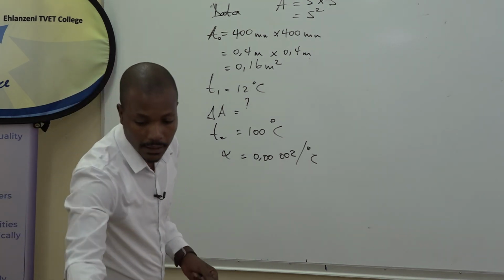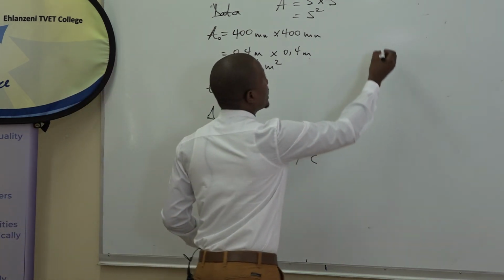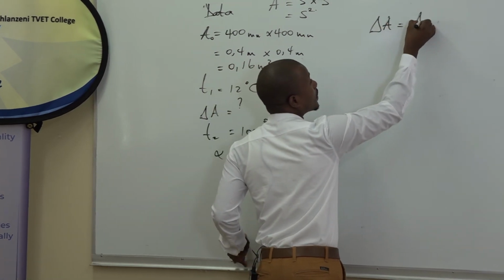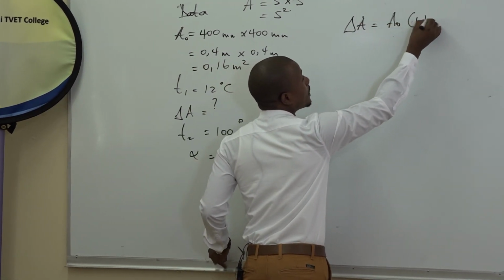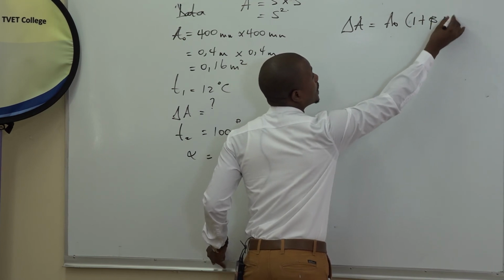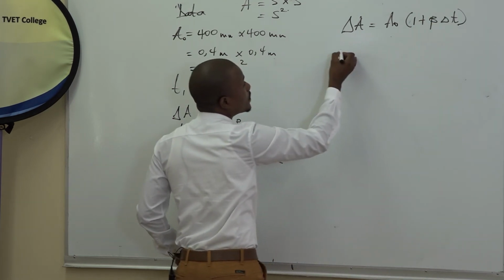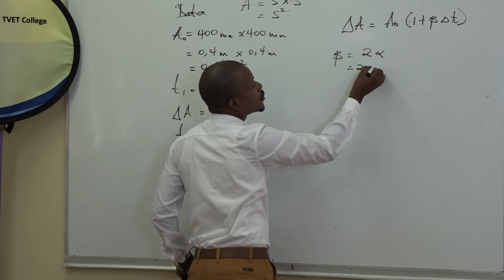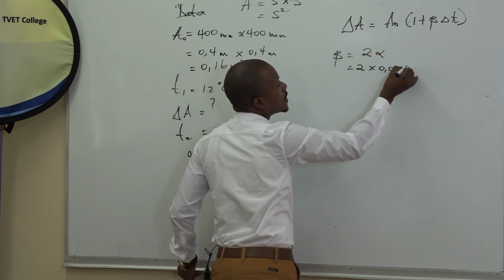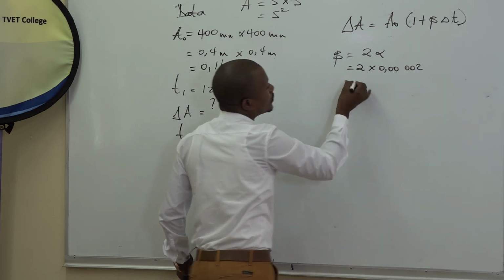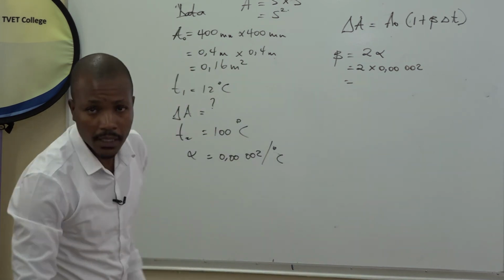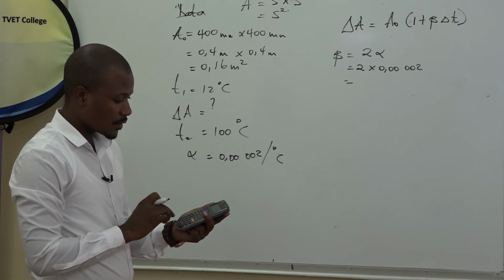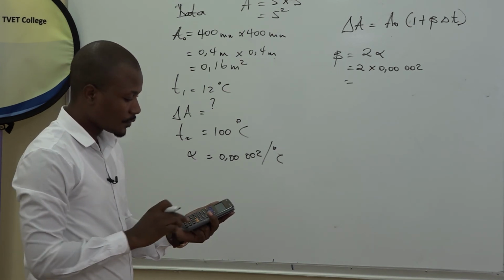Let us calculate that now. What is the superficial area? The equation to calculate superficial area is given by A = A0(1 + β ΔT). What is β? β will be equal to 2 times α, which is 2 times 0.00002.